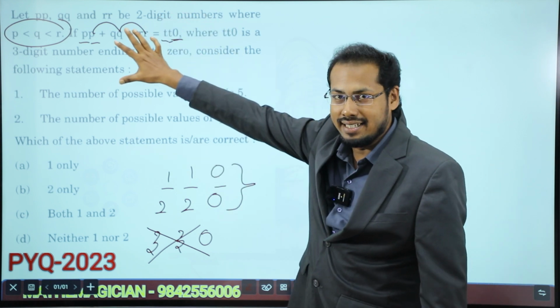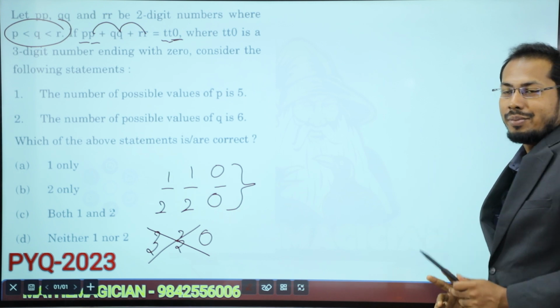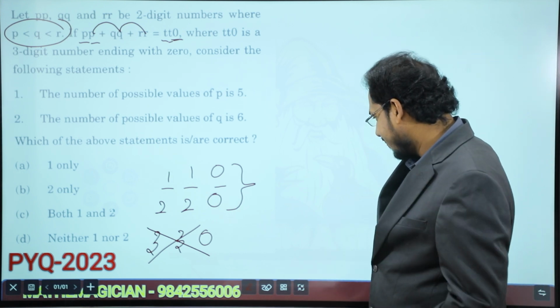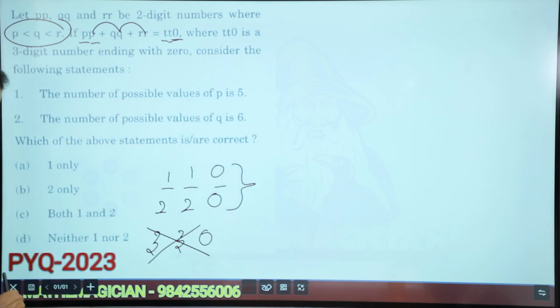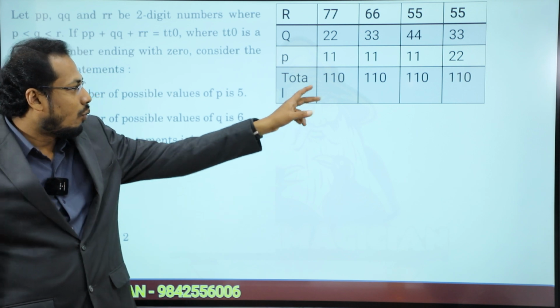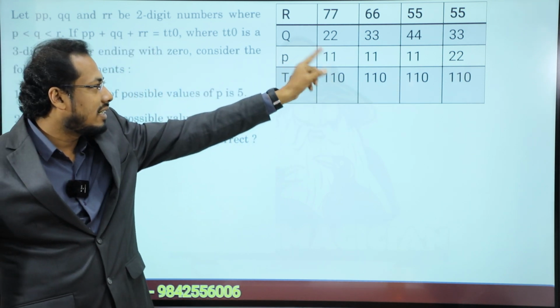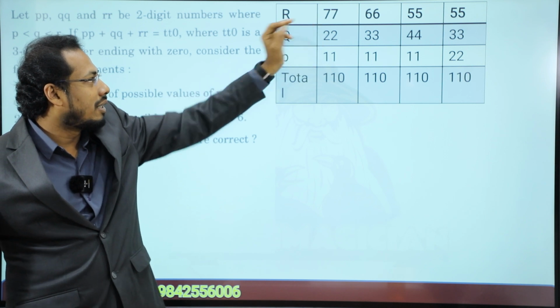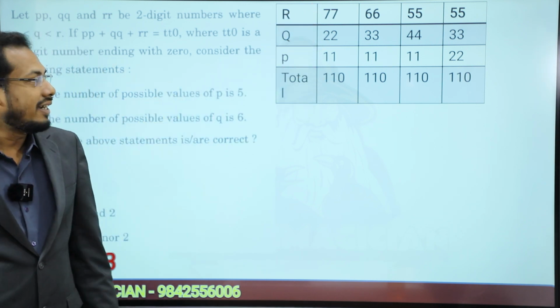First, we should understand this. Already I had written all these possible combinations here. Just check. Look at this. For 110 combinations, we can take P as 11, 22, 77. If you add this, you will get 110, right?